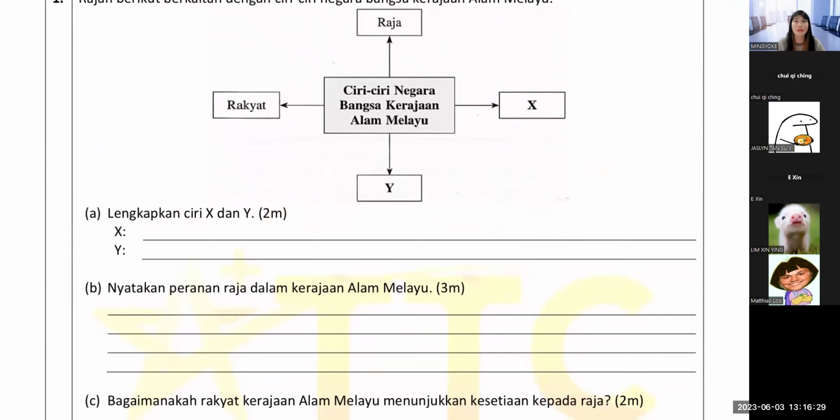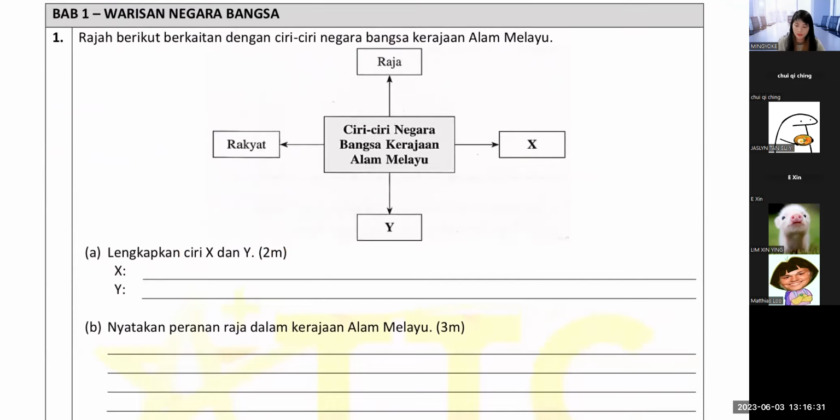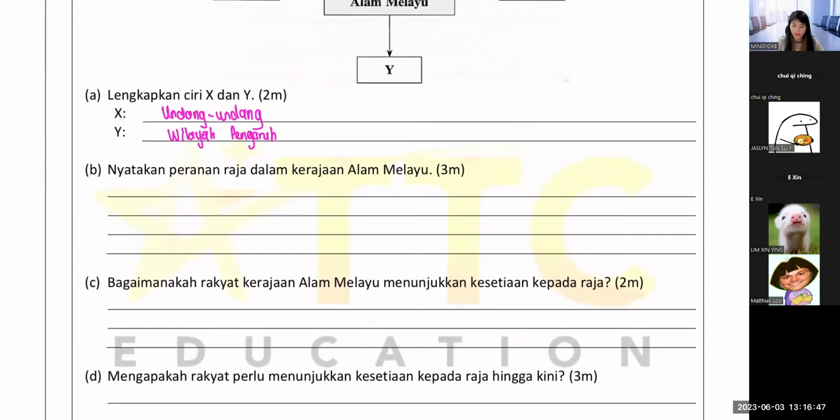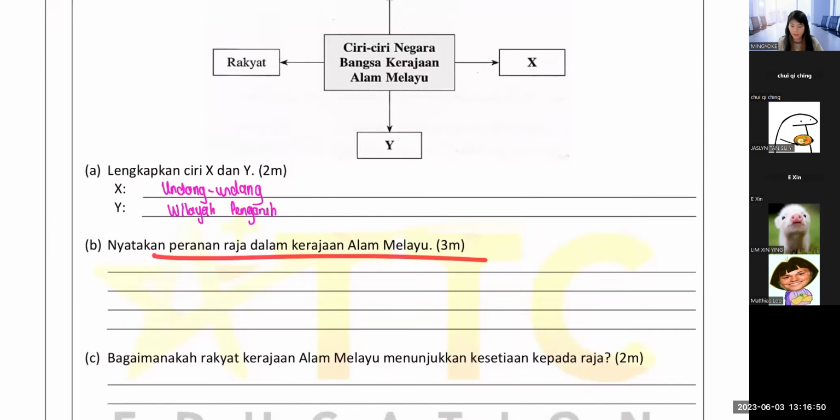Then you just straightforwardly give the 2 answers, which are Raja, Rakyat, Undang-Undang. Example only, no need to write anything. And Wilayah Pengaruh. Example only. Then again, if they ask you peranan Raja dalam kerajaan, then you can direct right answer. Okay, direct right answer. You understand?